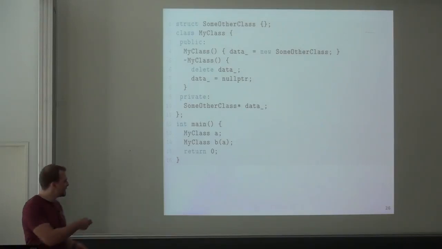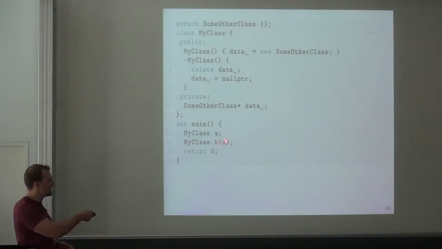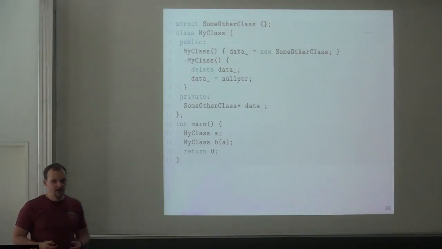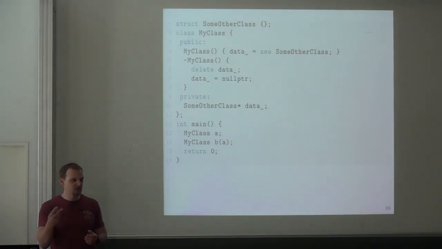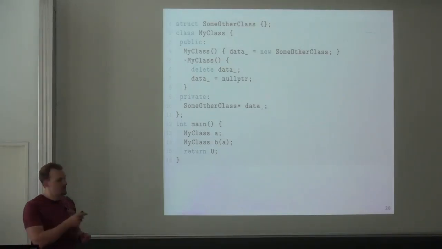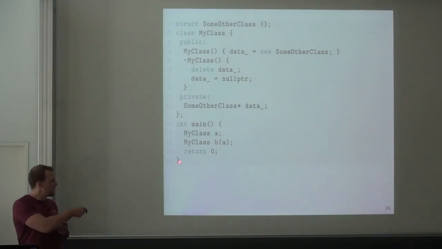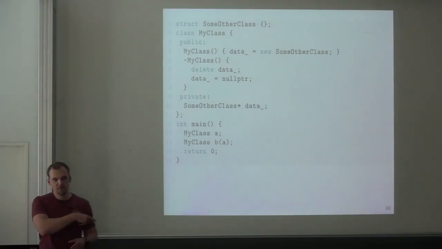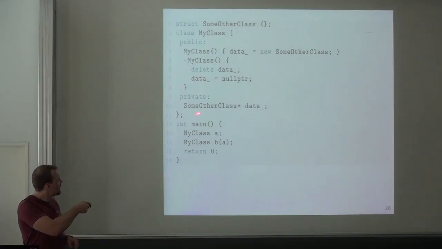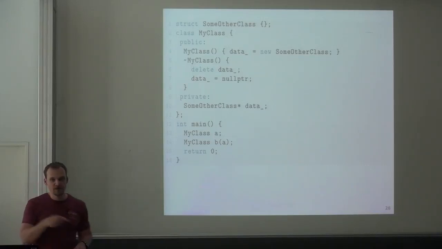So after creating a copy of the object A, we will have two objects with data pointing to exactly the same memory allocated by the object A. And when by the end of the scope these both objects are removed, they will both call their destructors on the same memory.